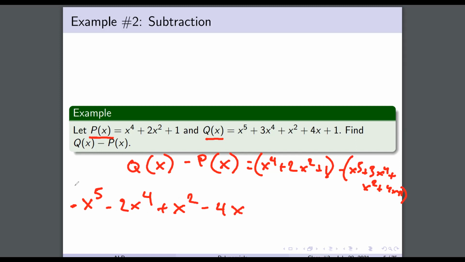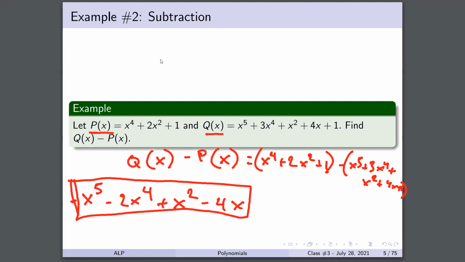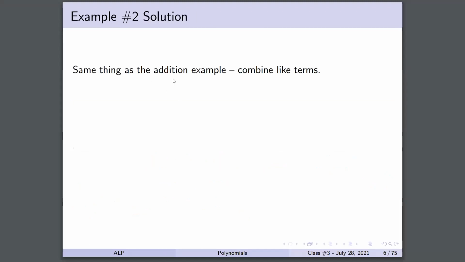This would be our answer after combining like terms. I hope everyone can see that. It's the same thing as addition: we combine like terms, but in this case, we subtract them.